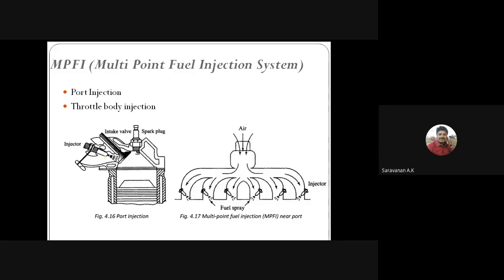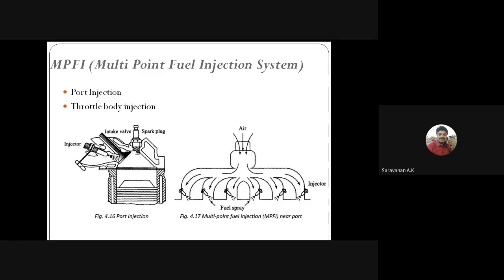Now the purpose: why do we have to use the multi-point fuel injection system? The purpose of the multi-point fuel injection system is to supply the proper ratio of air and fuel mixture into the cylinder.